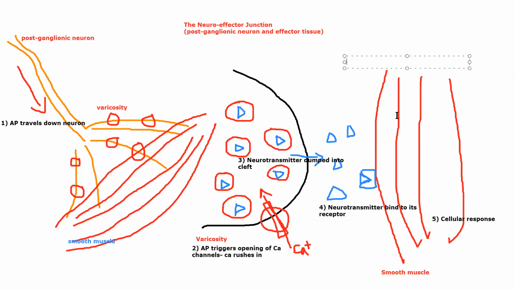And then step 6, again, we should be familiar with. This is where we have the degradation of excess neurotransmitter. That is brought about by our degrading enzyme, which is acetylcholinesterase. So we've got this Pac-Man type enzyme here, and that is called acetylcholinesterase.